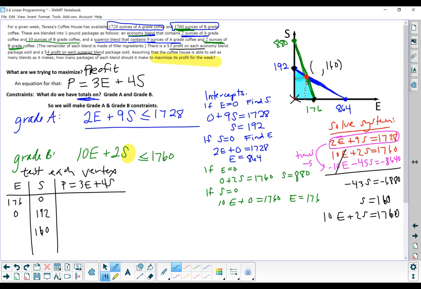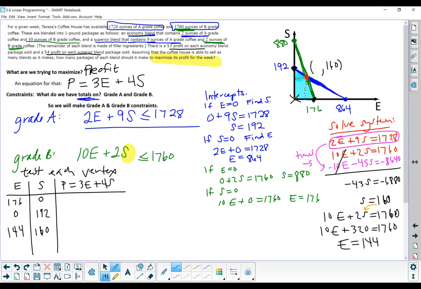Okay, so if I'm subbing in that 160 right there, I get 10e plus 320 equals 1760. So I can subtract the 320 and then divide by 10. And that gives me that e is equal to 144. Okay, we are so close to being finished.